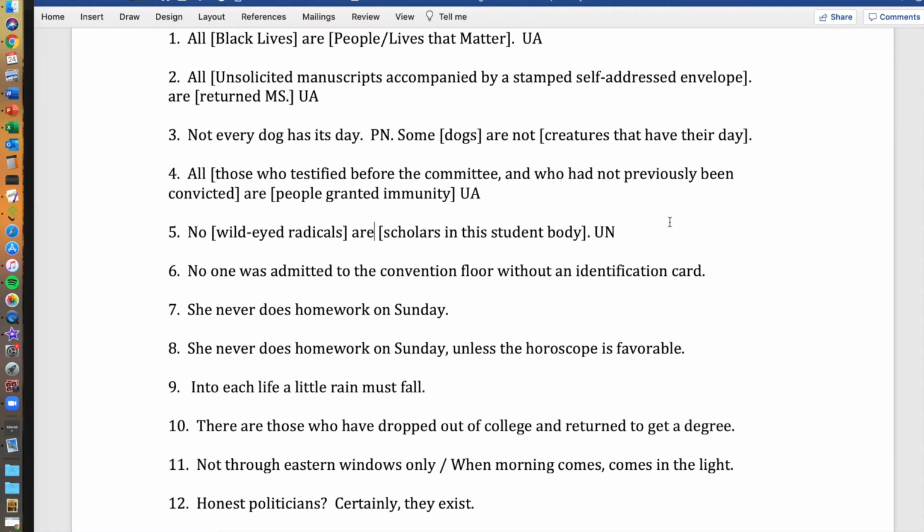Number 6, no one was admitted to the convention floor without an identification card, right? So again, you're translating the natural language. This sentence makes sense in natural language, but we need to put it in standard form, so we have to move around some of the information, right? No one was admitted to the convention floor without an identification card.